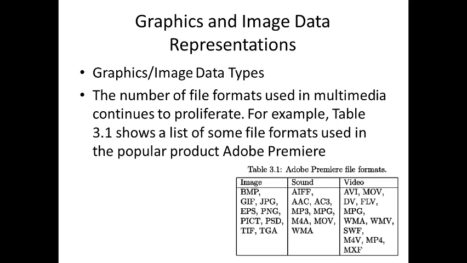For sound, it has AIFF, AAC, AC3, MP3, MPG, MP4, MOV, WMA. For videos, the different types are AVI, MOV, DV, FLV, MPG, WMA, WMV, SWF, MP4, M4V and MXF. So these are the different file formats for image, sound and video.